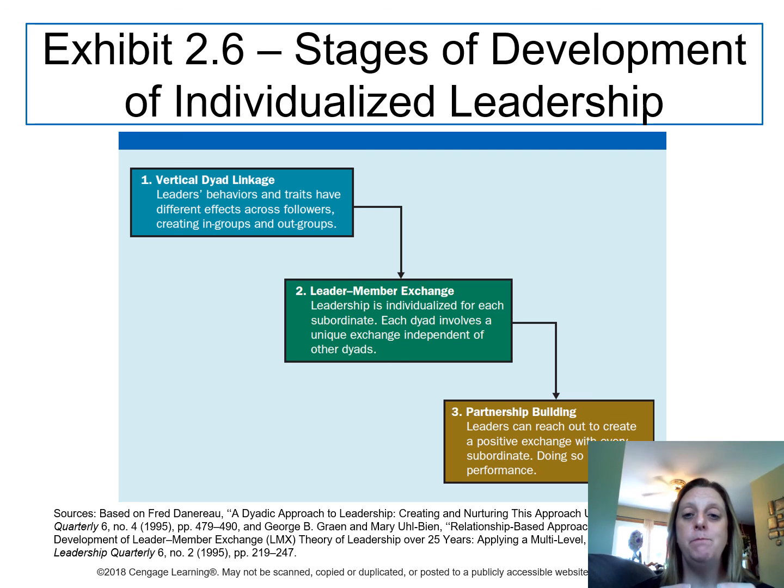Some of the core behavioral models focus on leadership styles that are person-centered or employee-focused, or they're goal-centered or task-oriented.